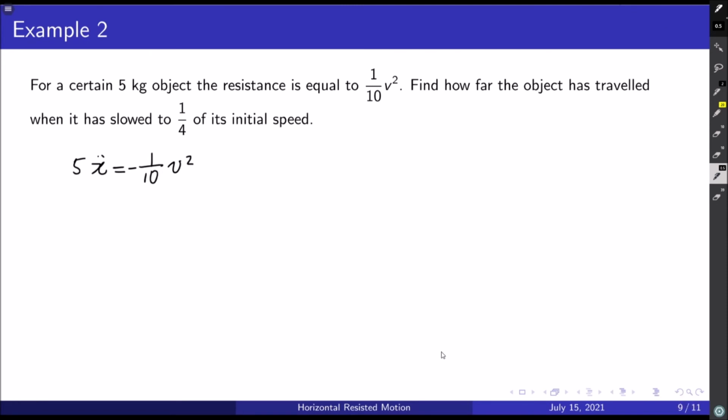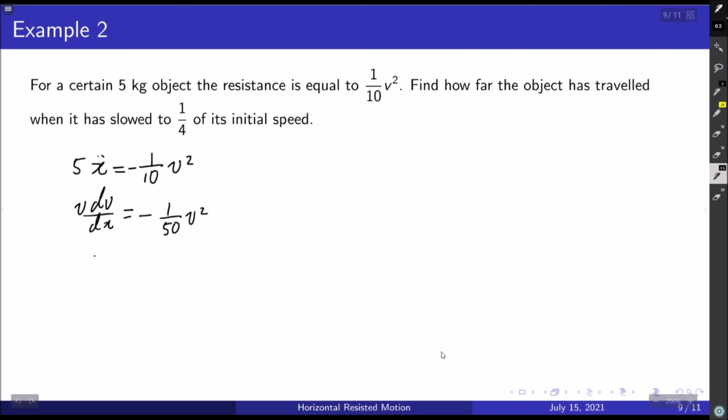We can divide everything by 5, and because we're operating in relation to the displacement, we can write v dv over dx equals negative 1 over 50 v squared, and divide both sides by v squared.